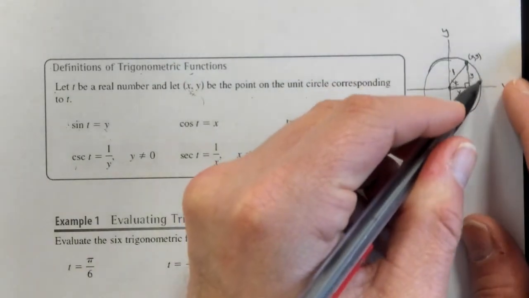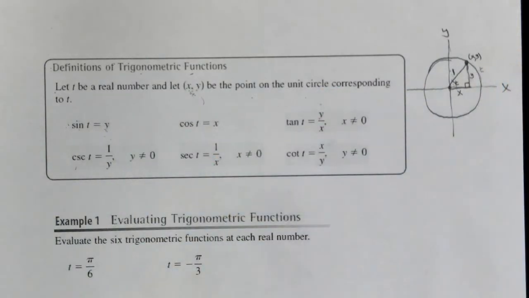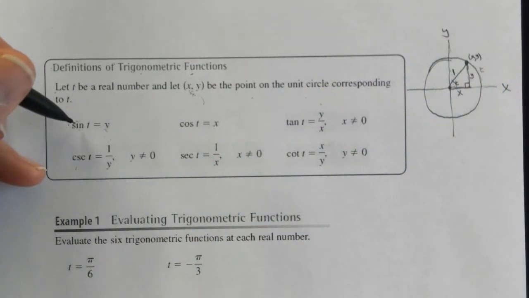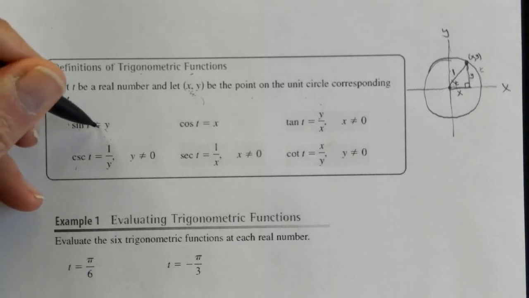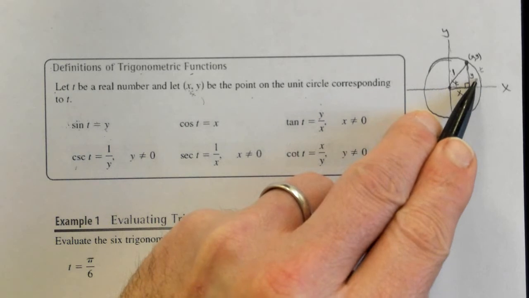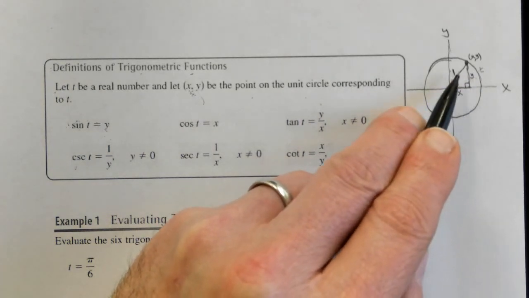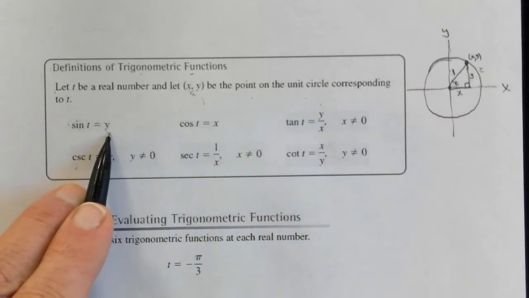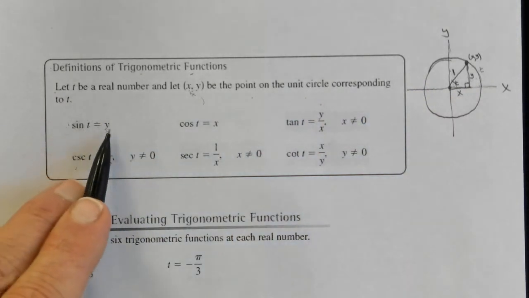It's going to be the arc length, but it also corresponds to the central angle measure, right? So the sine of angle t is going to be equal to y, because the opposite over the hypotenuse in this right triangle is y over 1, and y over 1 equals y, and thus the new formula, sine t equals y.